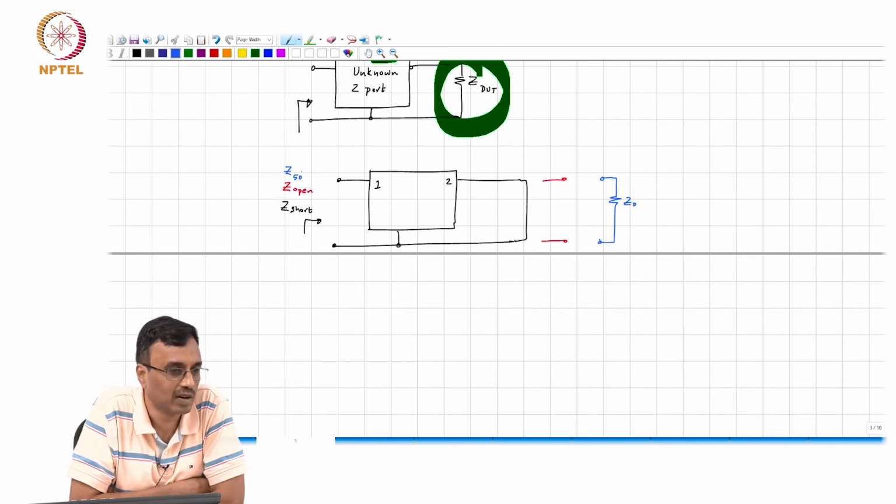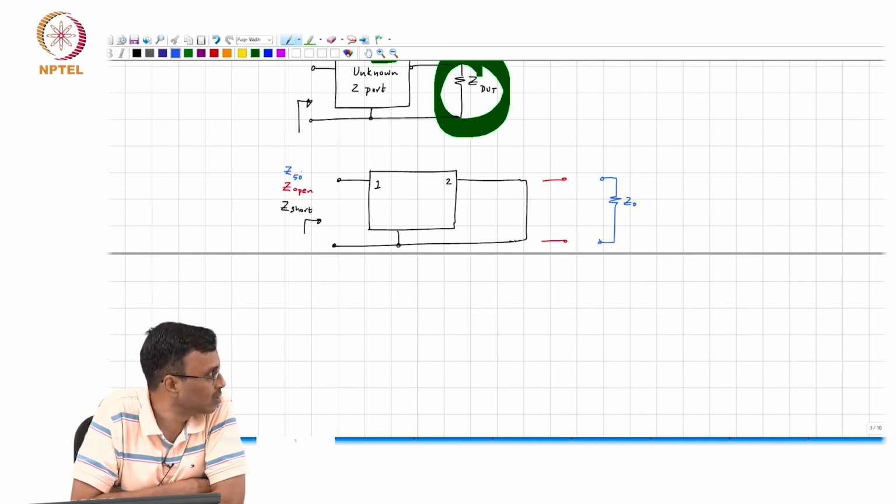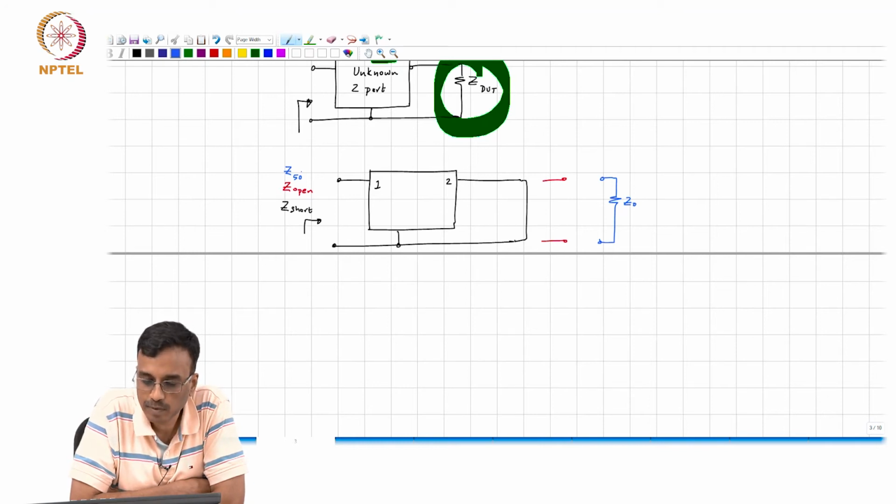Z0, which is the standard impedance used in RF and microwave work to connect blocks together, 50 ohms. So Z0 is 50 ohms.